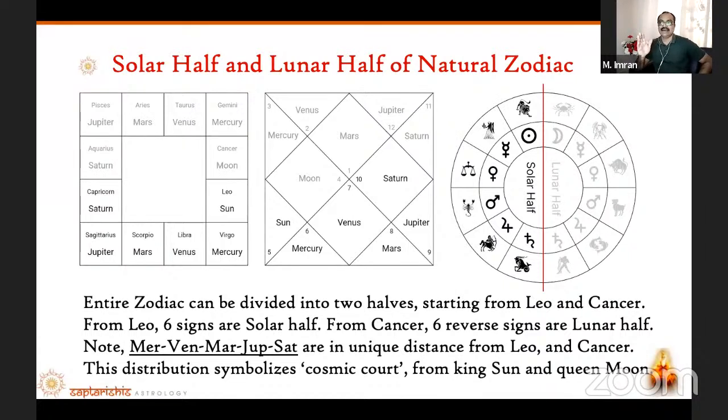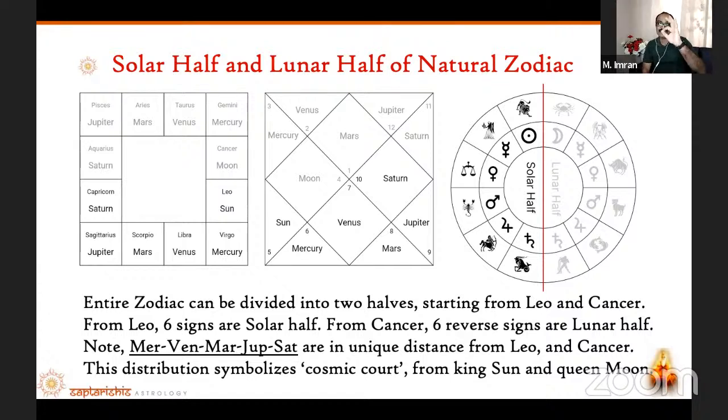On the other hand, the six signs counting from Cancer anti-zodiacally, in reverse: Cancer, Gemini, Taurus, Aries, Pisces, Aquarius. These six signs are the lunar half of the zodiac. I think everybody understands this very basic concept.